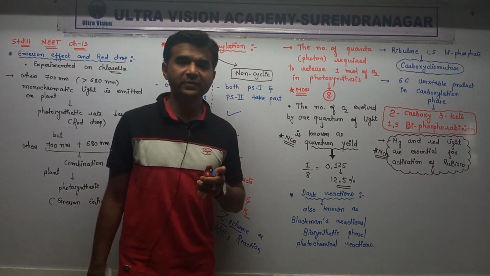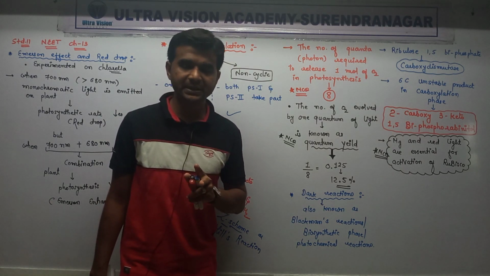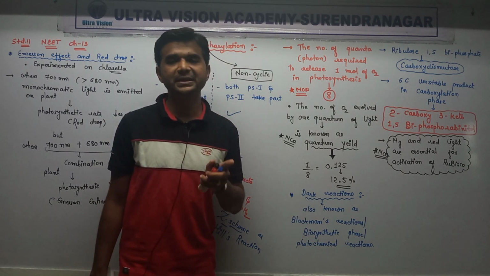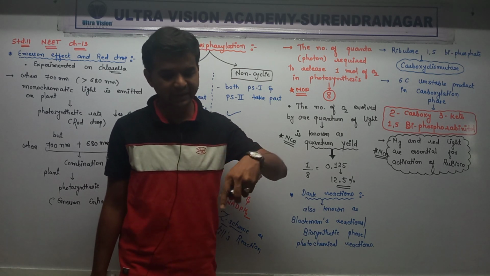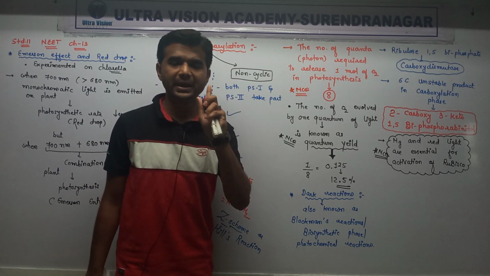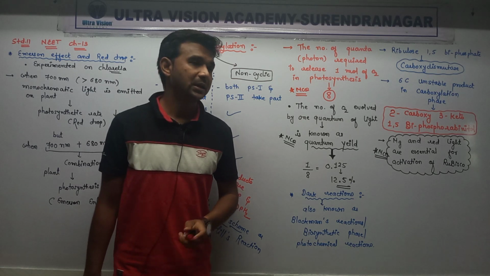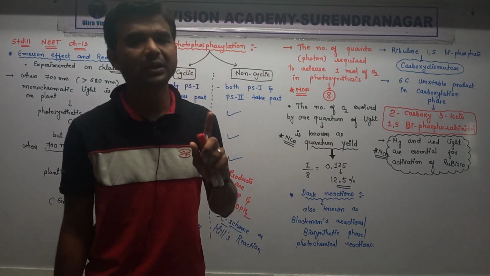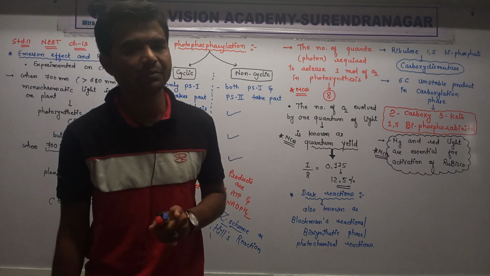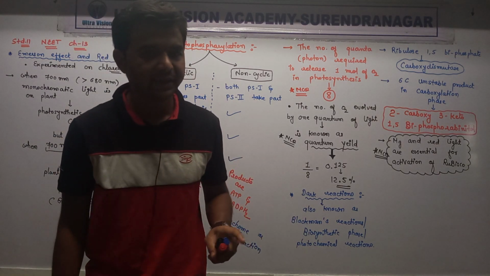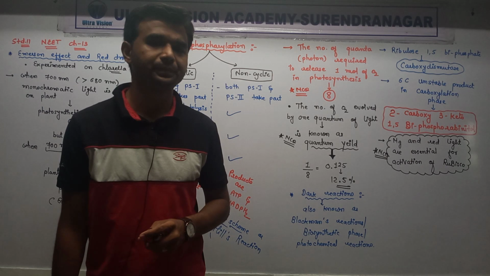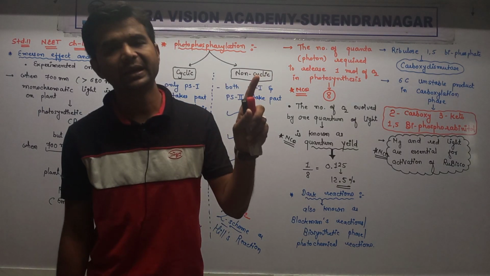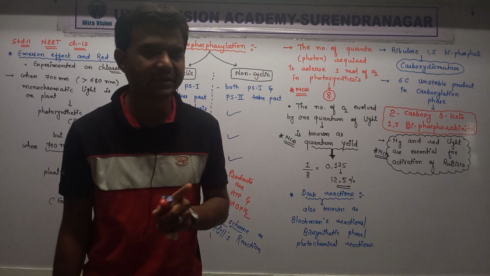With the help of 12 NADPH2 and 12 ATPs, 12 PGA are converted into 12 PGAL. Now, dear all students, as you know, these 12 PGAL molecules are split into 2 parts, 10 PGAL and 2 PGAL.